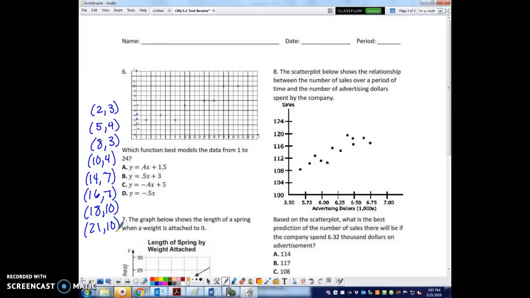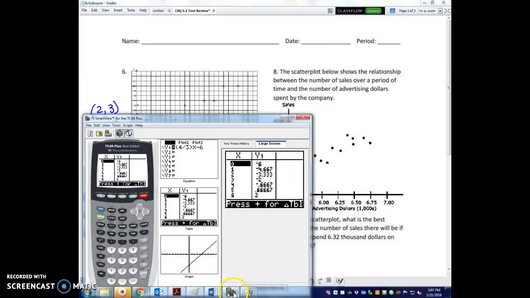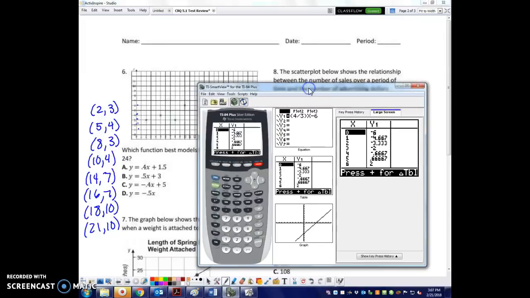Now, you can do all that, type it into stat, and find your equation. So let's do that. We're going to go to stat, edit, type it all in. All your x's go in L1 and all your y's go in L2. So we have 2, 5, 8, 10, 14, 16, 18, 21.